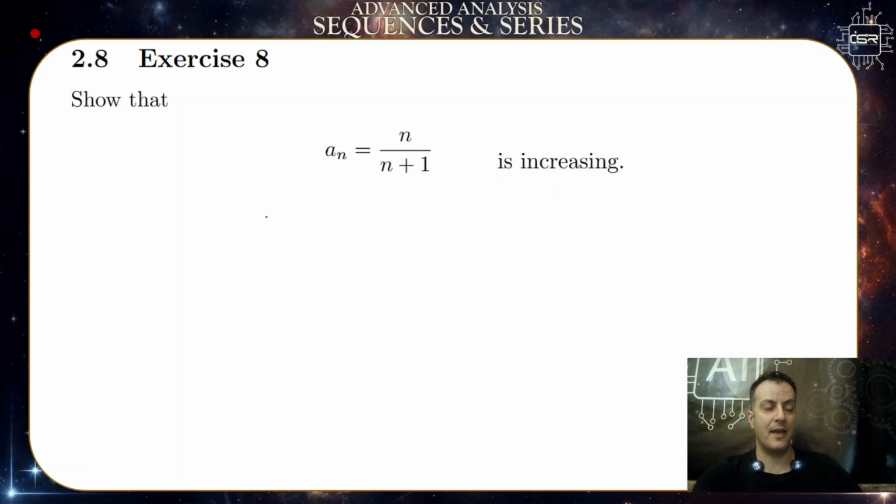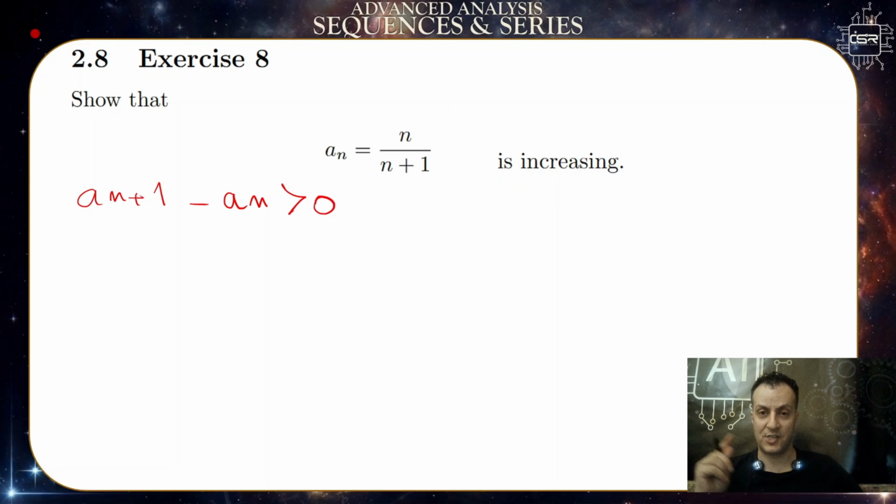8. Show that a_n equals n divided by n plus 1 is increasing. Now, the test that we have to run is checking whether a_(n+1) minus a_n is greater than 0.